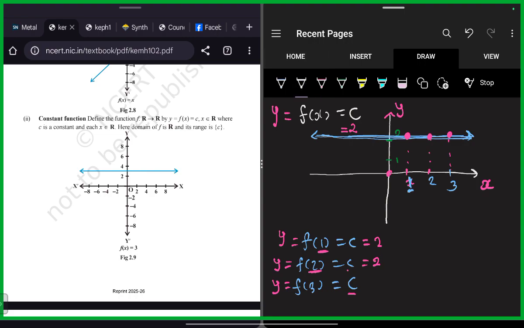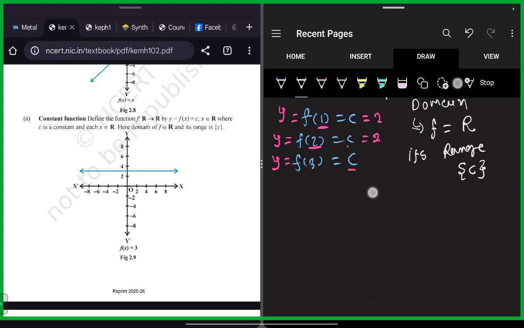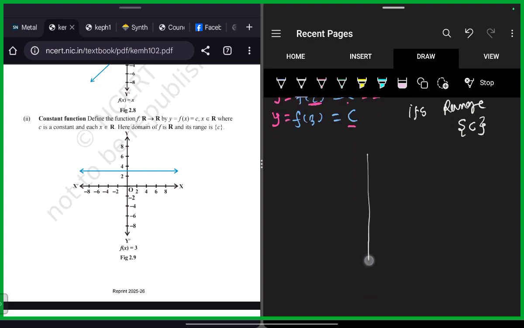Here remember the domain of this function f is any real number, and its range is c. Here in this case it will be 2, because we defined that c is equal to 2. So the general graph for a constant function is this one.